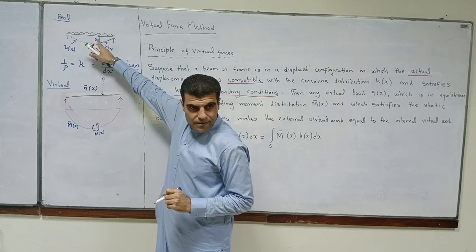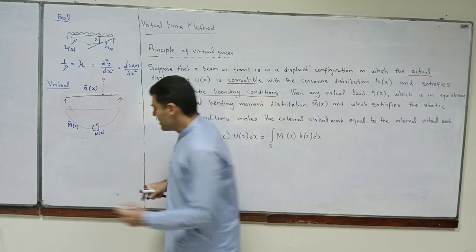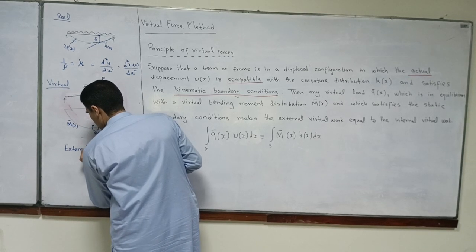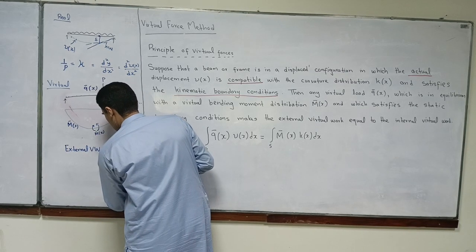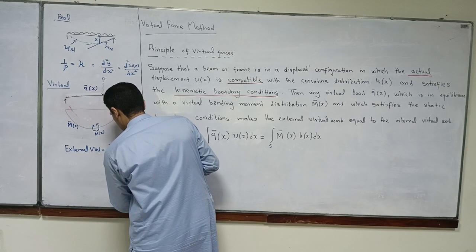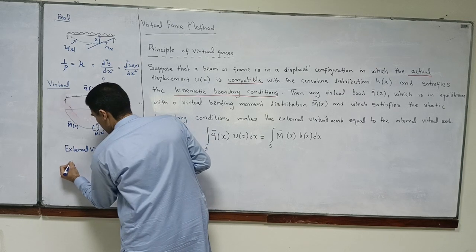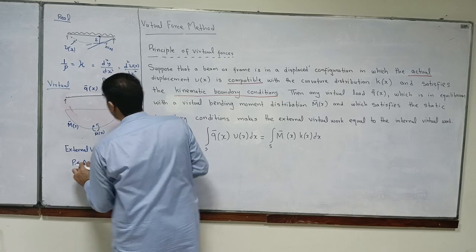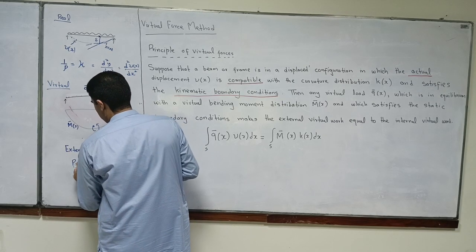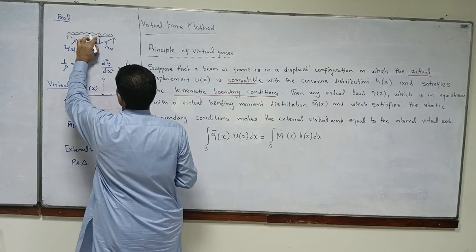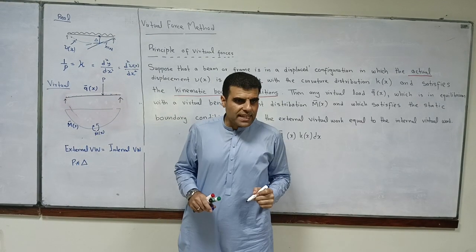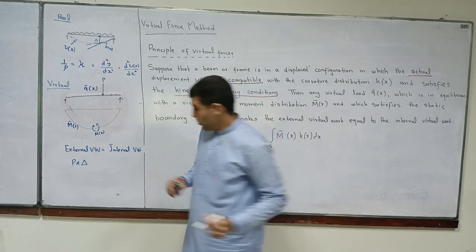P into delta. So P times delta, that is my external virtual work.